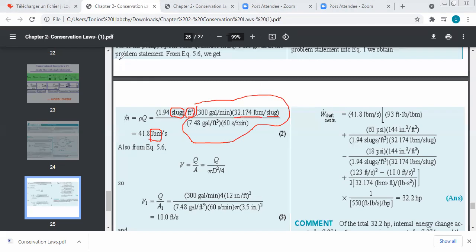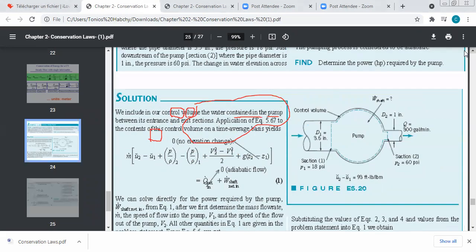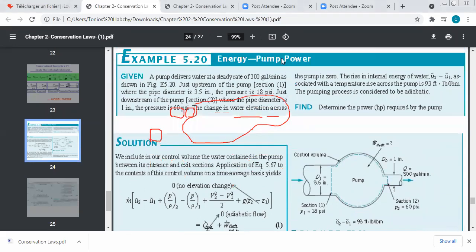We are doing this because they gave us the variation in internal energy as feet times lb per lbm, so they are working in the English engineering system. This is why we should make sure to have the proper conversions for all terms. For all terms, we should convert mass from slug or from kilogram to lbm.